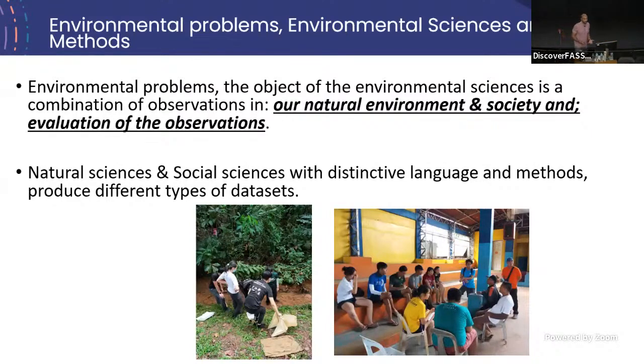Natural sciences and social sciences have distinctive languages and distinctive methods, and they produce very different data sets. One is very numerical. Take this example of former BES students, now in year 4 and about to graduate: they are sampling from a stream in Bukit Batok.